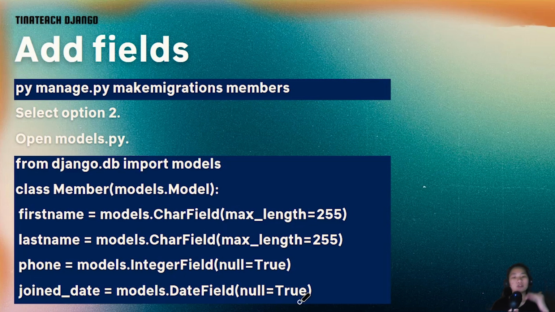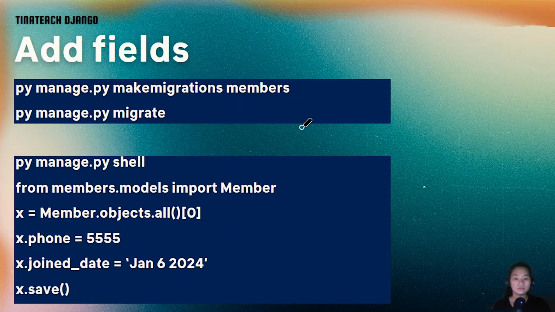Let's say in our database currently we have Jessica Jane, and we've added two data fields, phone and joined date. null=True means that both phone and joined date can be empty for the value Jessica Jane. Okay, let's move on to the next part.